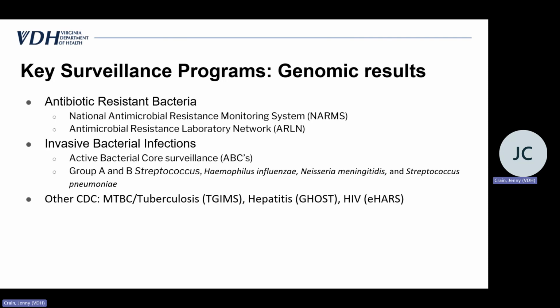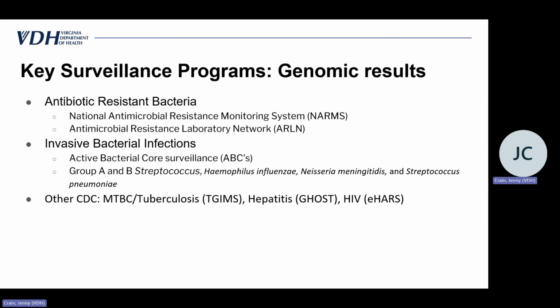And so again, right now there's 5 pathogens that are surveilled as a part of that. But we have found this a really useful surveillance source when working on some of our invasive group A strep outbreaks and investigations.